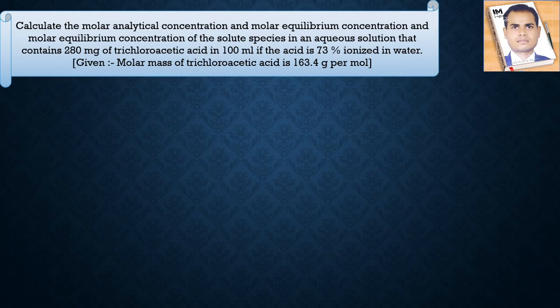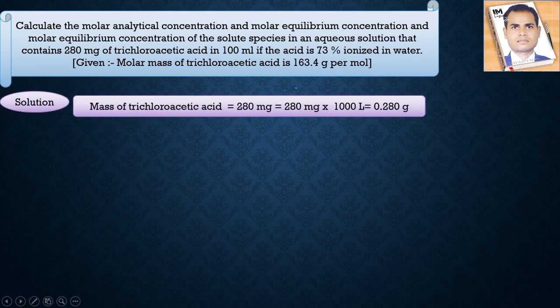Calculate the molar analytical concentration and the molar equilibrium concentration of the solute species in an aqueous solution that contains 280 milligram of trichloroacetic acid in 100 ml, if the acid is 73% ionized in water, and the given molar mass of trichloroacetic acid is 163.4 gram per mole.